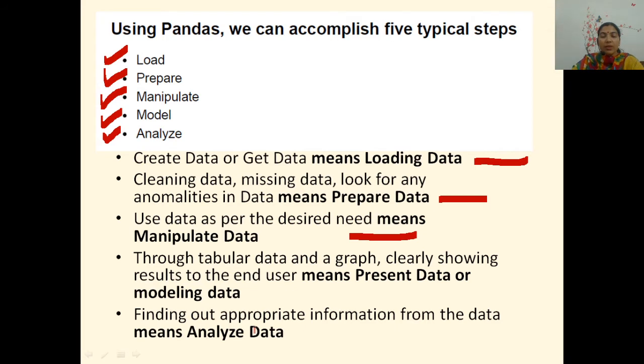And when we are able to find out the appropriate information from the data, that means we are analyzing the data. So 5 steps that we can accomplish using pandas: load, prepare, manipulate, model and analyze. So you can note it down: loading, preparation of the data, manipulation of the data, modeling and analysis.